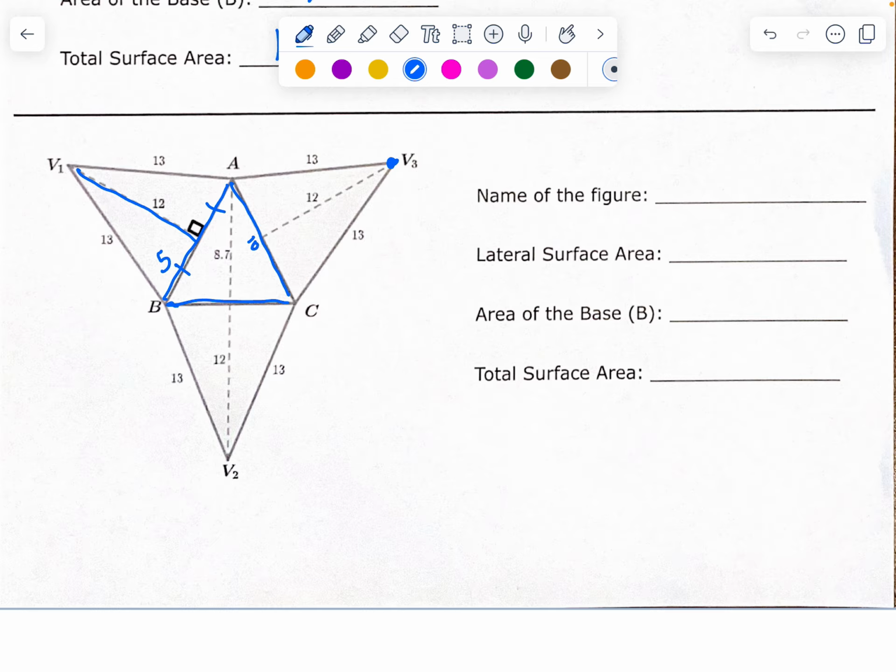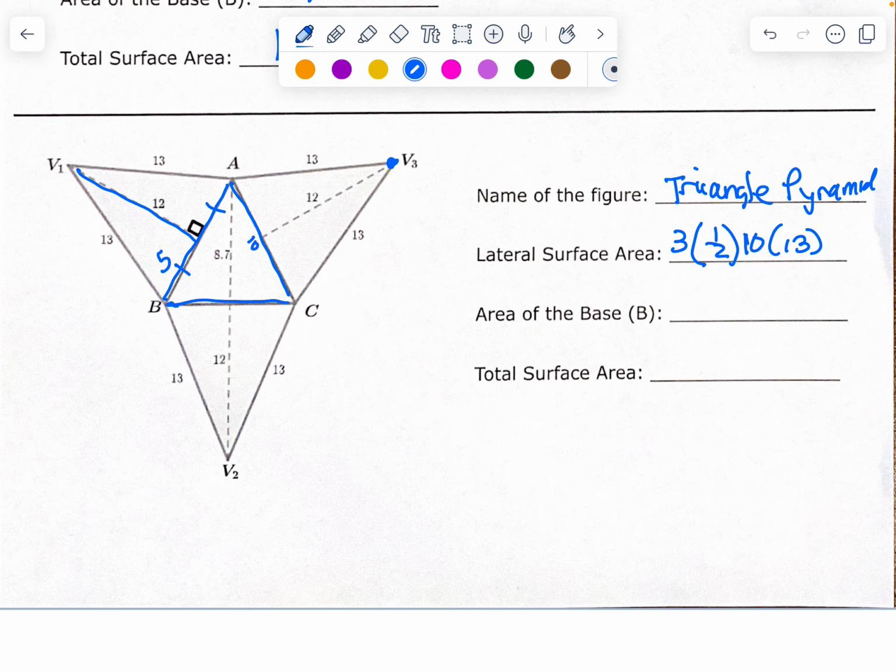So the name of the figure, it has a base of a triangle, and it is surrounded by triangles, so it's a pyramid. The lateral surface area is 3 of them, and it's 1/2 base times height, which is 10 times 13.